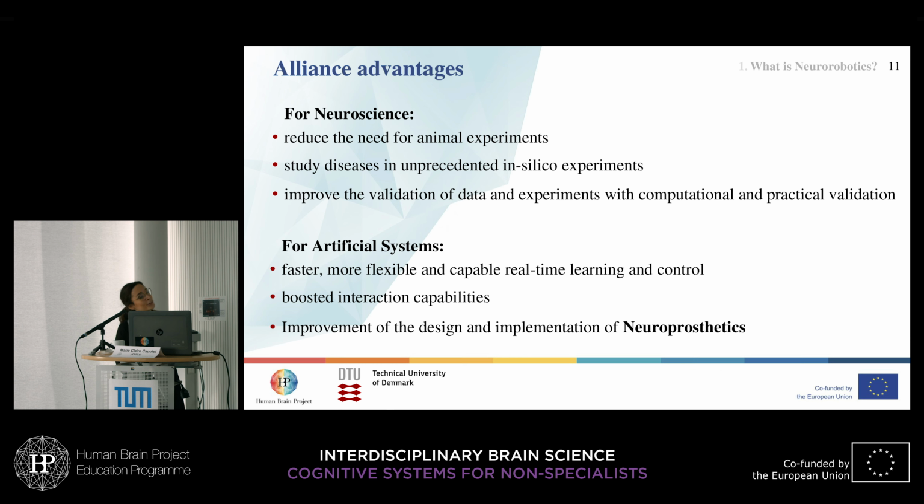And here it is connected to the last point, because we can say that there will be an improvement of neuroprosthetics. Neuroprosthetics are a kind of artificial mechanism that is always in interaction with a human. And that's a big problem, because they need to be safe. They need to handle different situations. Let's think about a prosthetic hand. We don't think about it, but every time we handle an object, the conditions change.